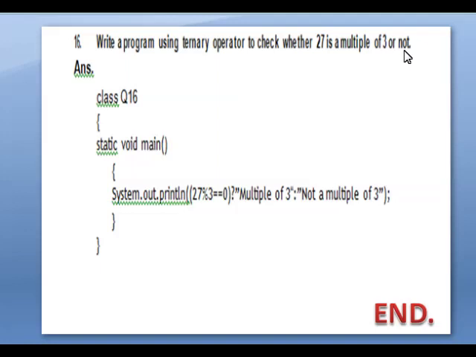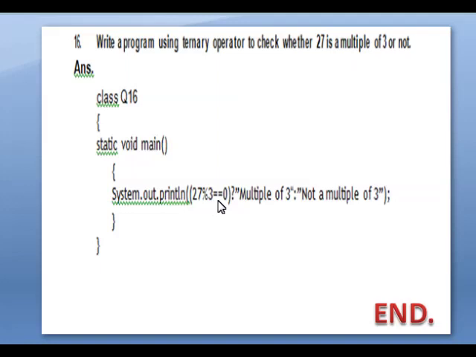So question number 16, open curly braces, static void main of. Here we are going to use the ternary operator, system dot out dot println of. So we write the condition 27 modulus 3 if 27 modulus 3 equal to 0. अगर x का रिमाइंडर 0 हो जाएगा, 0 equal to 0, this equal is for the comparison, that is left hand side is equal to the right hand side.